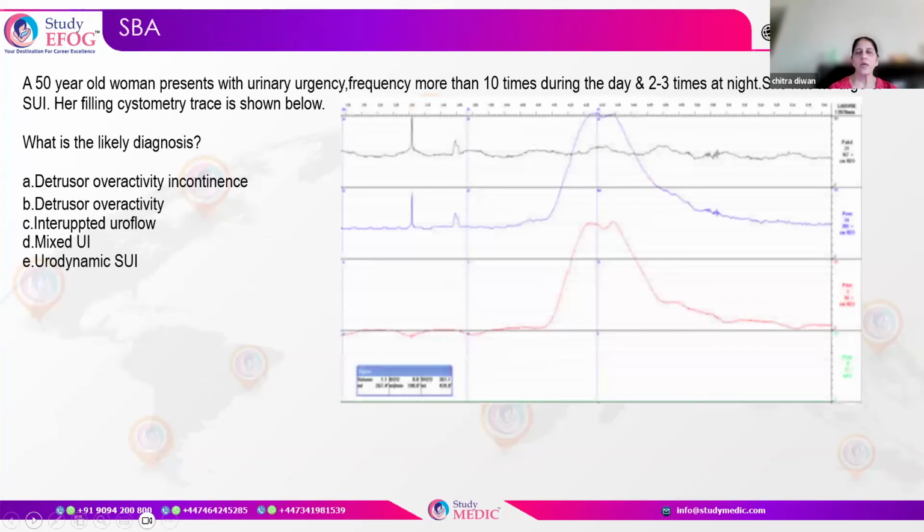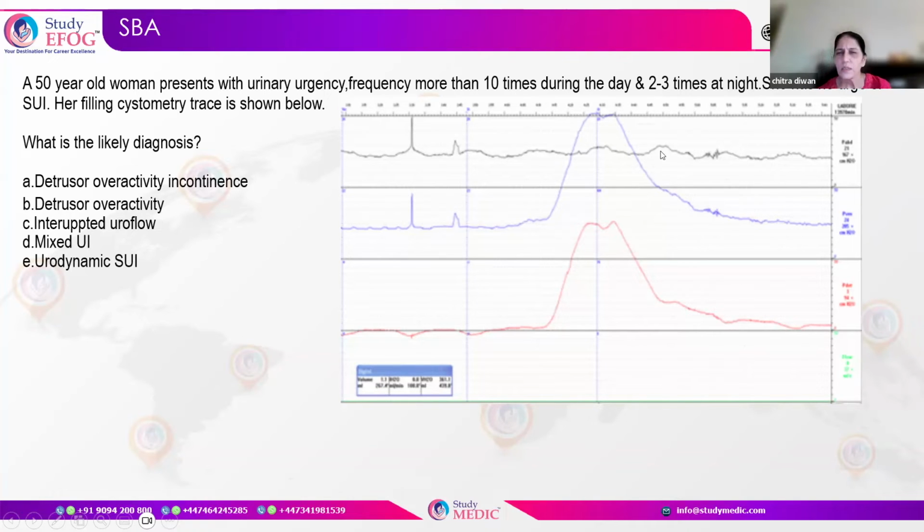Now next, you have this urodynamic graph in which the woman is complaining of urgency more than 10 times during the day and 2 to 3 times at night. She has no urge or stress urinary incontinence. So, incontinence has already been ruled out. What are you going to see here? Remember, whenever you have the graphs, the lowest one will always be detrusor, then vesical, and the last one will be abdominal pressure.